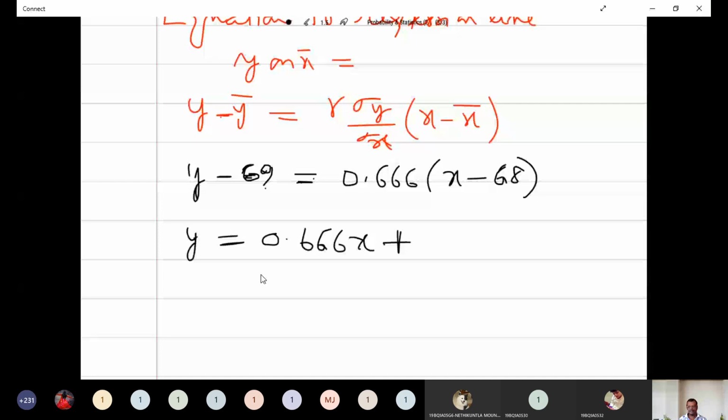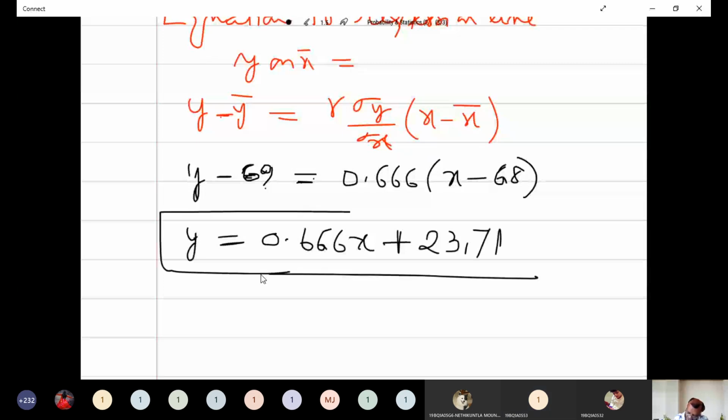What is the constant value? That is 69 minus 0.66 into 68, that is 23.712. This is the equation to the regression line y on x, isn't it?